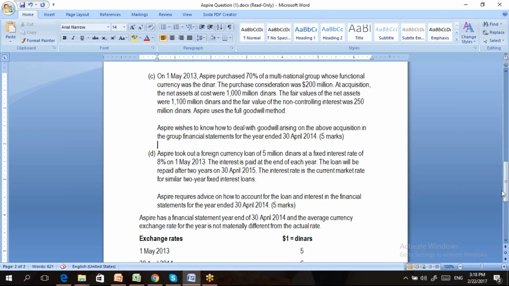So the consideration is 1,000 million. NCI was 250, so 1,000 plus 250, 1,250. Then we know the value of net assets at acquisition was 1,000. So we see a goodwill of 250 million in foreign currency.